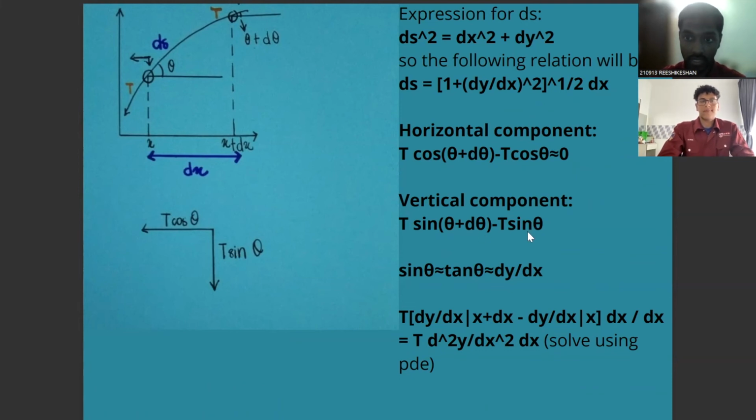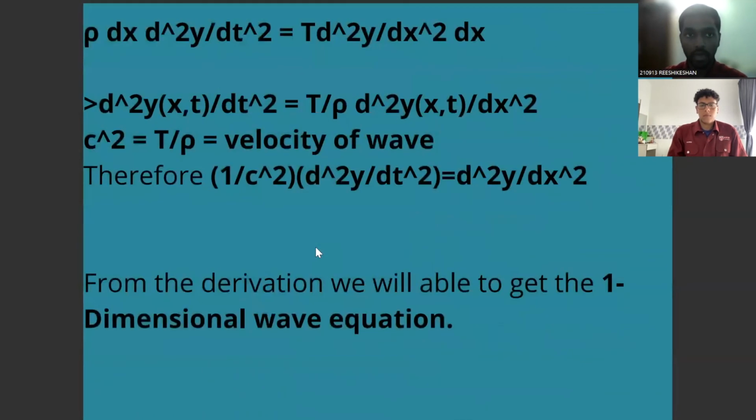And we have to convert this equation using the PDE in the form of the tension T, d square y over dx square, dx. We equate the previous equation with the density times dx, d square y over dt square, which equals the tension T, d square y over dx square, dx.